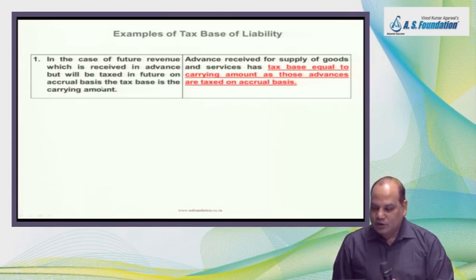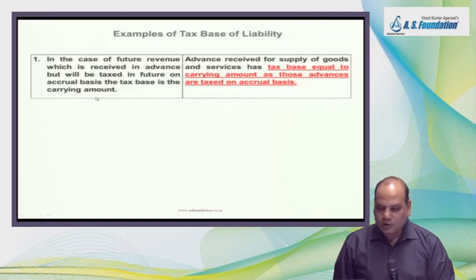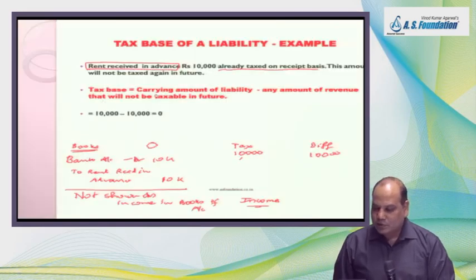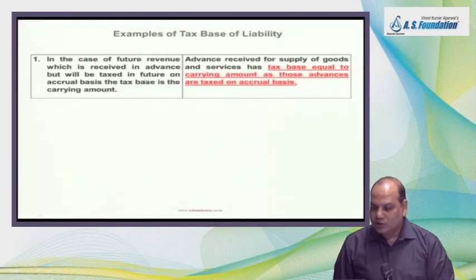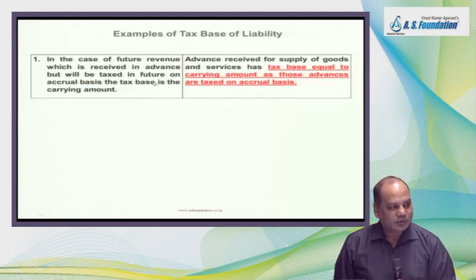So the answer is its tax base will be equal to carrying amount. If I apply the same formula, tax base is equal to carrying amount minus amount of revenue that will not be taxed in future. So now this time my answer for this question will be 10,000 minus 0. Answer will be 10,000. Tax base will be 10,000 because entire amount is taxable in future.